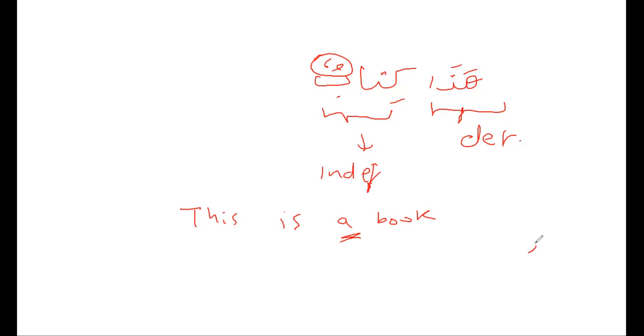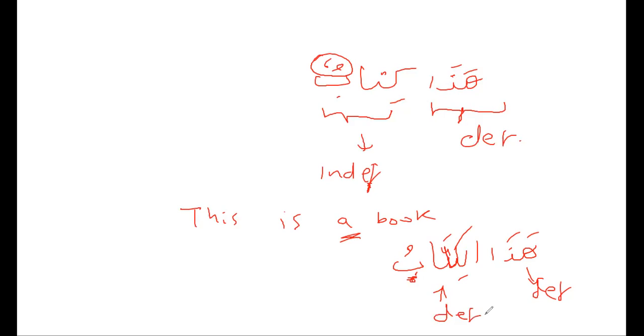And the second one, if you think about it, if you say hazal kitabu, hazal kitabu. So haza, we said what is it, definite or indefinite? Definite. And al-kitabu is also definite. So this becomes like an adjective.